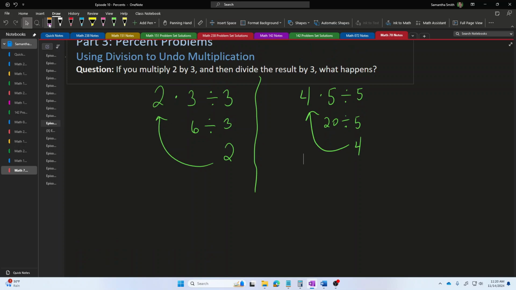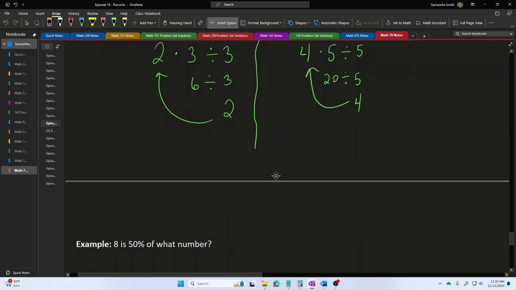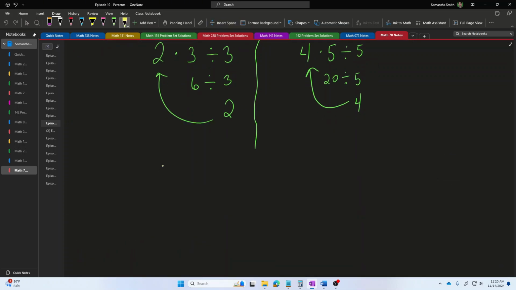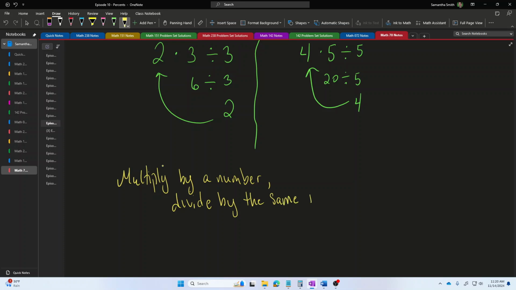So what we have observed from these two examples is that if you multiply by a number and then you divide by the same number, these two actions, if you take them back to back, will cancel each other out.